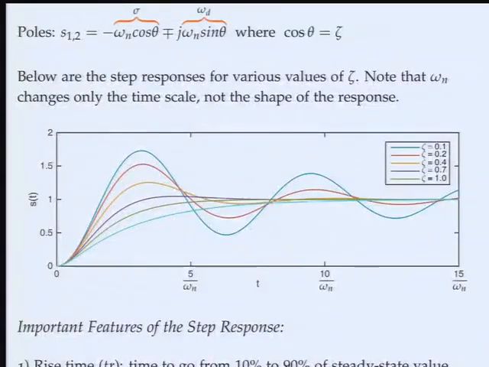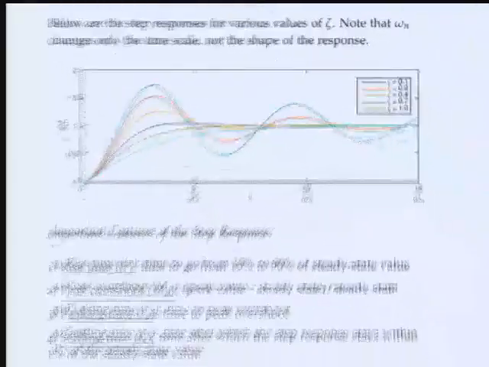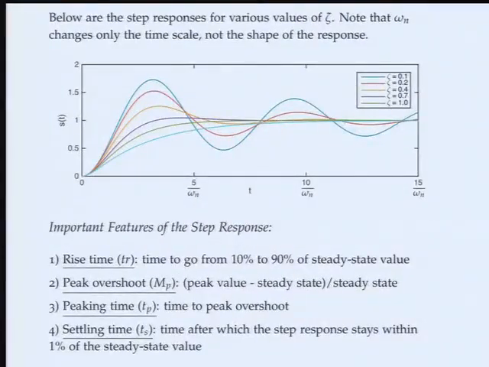So the step response has several important features that one cares about when designing controllers. One question is, what is the rise time? There are various definitions, but essentially, how far do I get to 1? And how do I even measure that, because I only asymptotically go to 1?